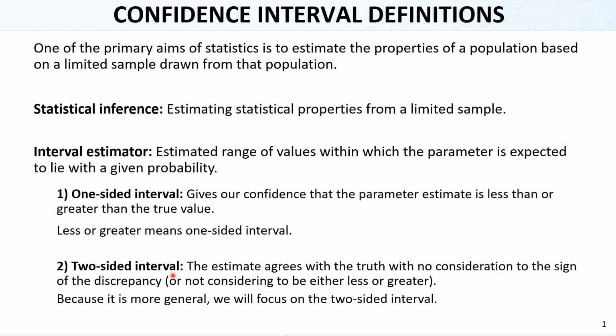On the two-sided interval, on the other hand, both less and greater come together, and the estimate agrees with the truth with no consideration to the sign of discrepancy, or not considering it to be either less or greater. Because this is more general, we will focus on the two-sided interval. This is preferred because we have two sides, lower and upper, and we can have a confidence interval with two sides.